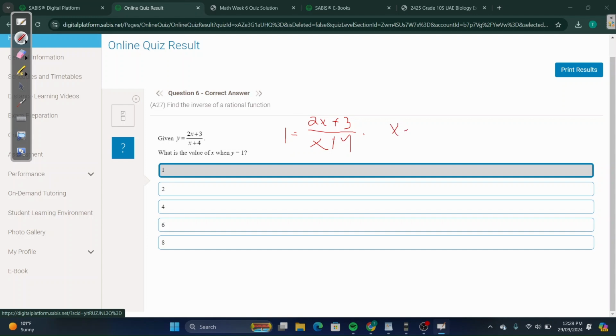You're going to have x plus 4 equals 2x plus 3. Right? Okay. So now you're going to take the 3 to the other side, and you're going to take the x to the other side. 2x minus x becomes x, and 4 minus 3 becomes 1. So x equals 1, and that's your final answer.